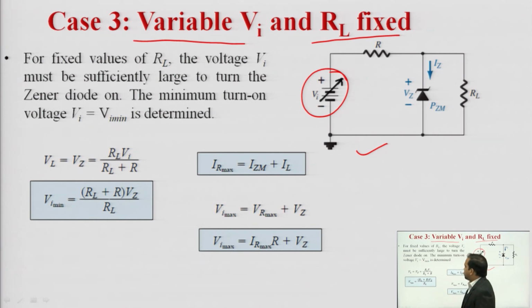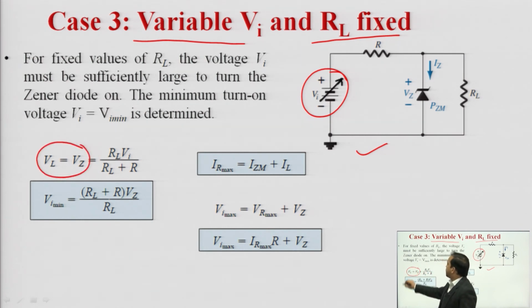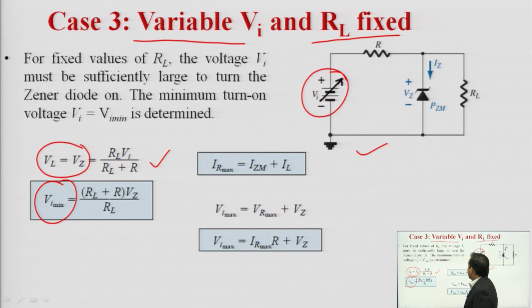Again we can use VL equals Vz, and if we apply the voltage divider, we can calculate the minimum value of input voltage. With the help of this, if IZM, the maximum value of Zener current, is given, and IL is nothing but Vz by RL.